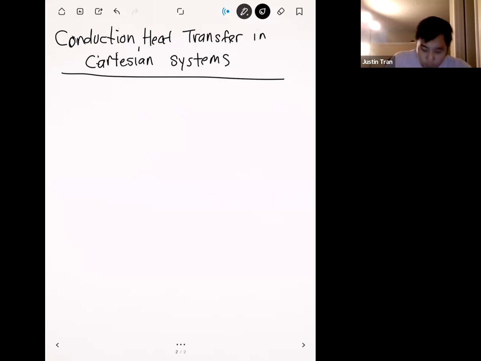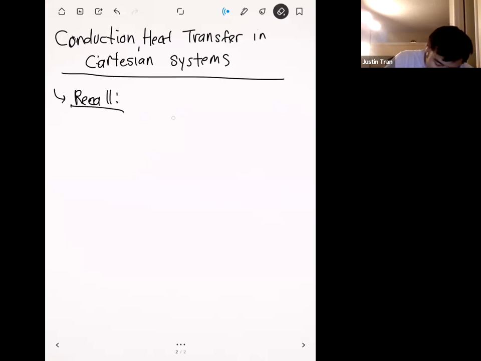First, let's recall the definition of conduction. If you remember from Monday, conduction is the transfer of energy in a medium due to molecule to molecule contact.